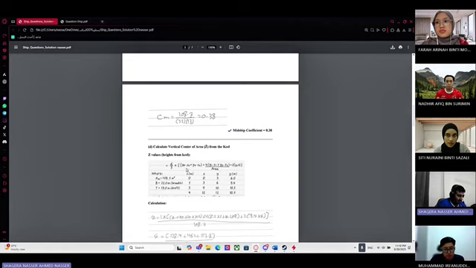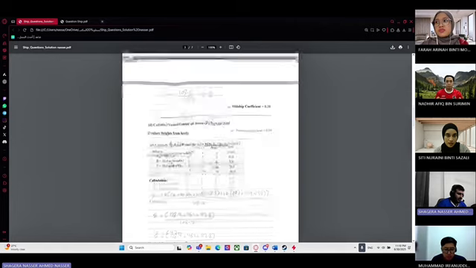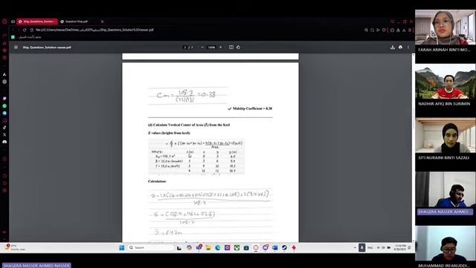These are the numbers 0, 1, 3, 4, and these are the data for y, for example y0 is equal to 6 and y1 is equal to 9.4.